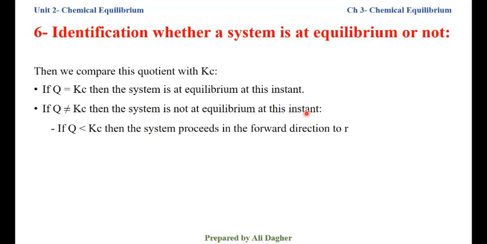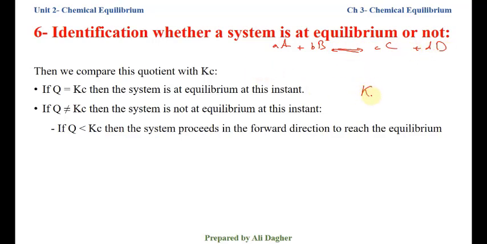If Q is less than Kc, the system proceeds in the forward direction to reach the equilibrium. How? This is the reversible reaction, aA plus bB gives cC plus dD.